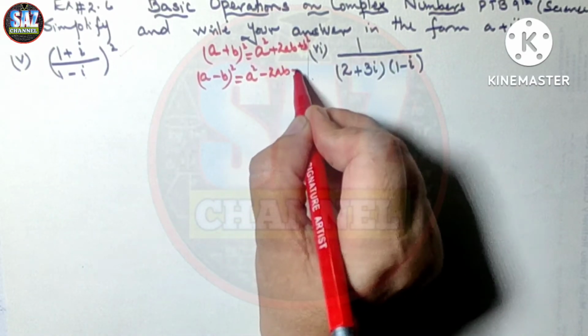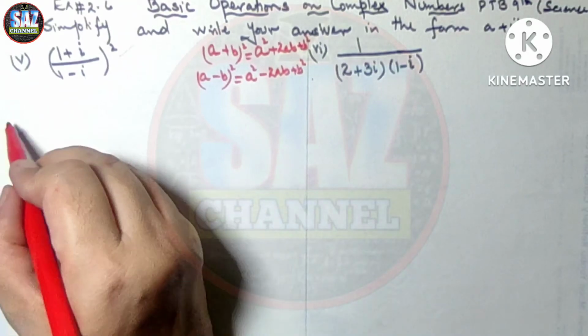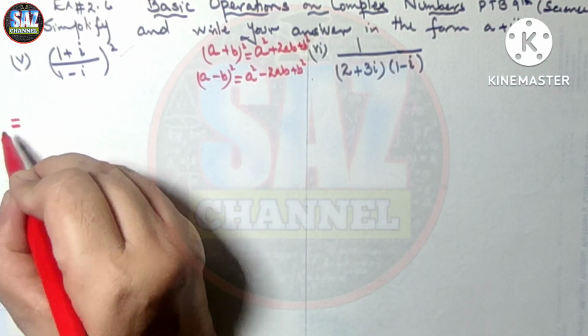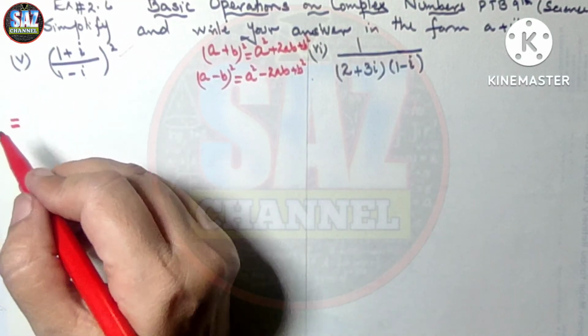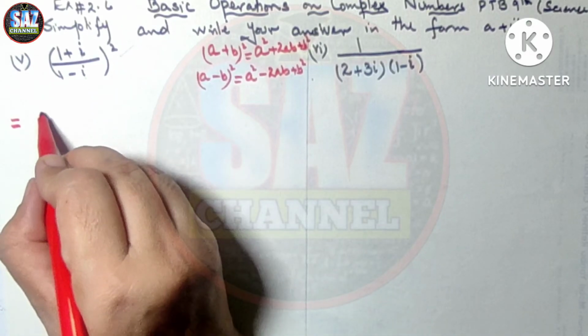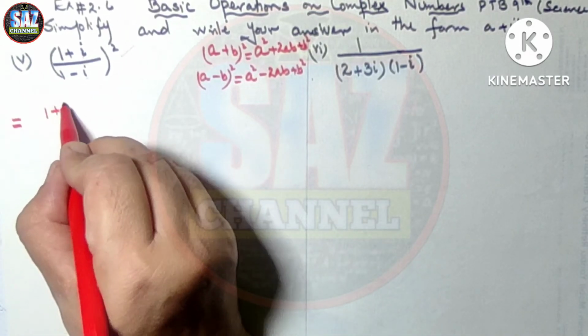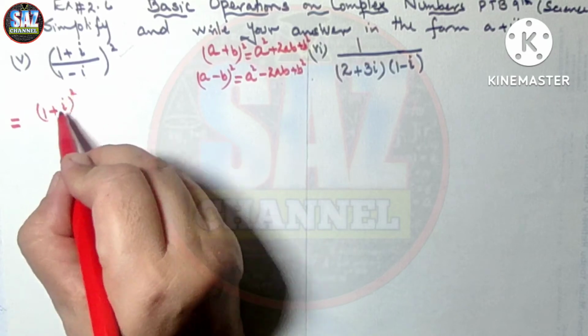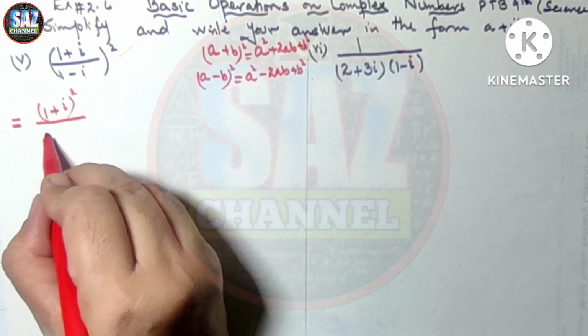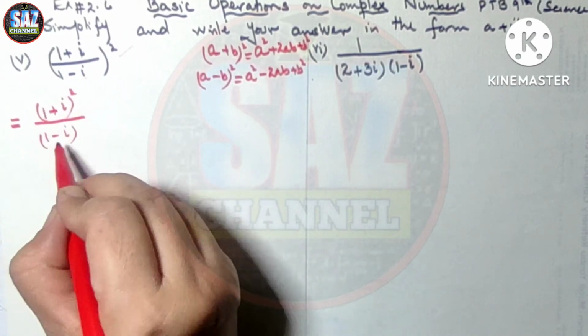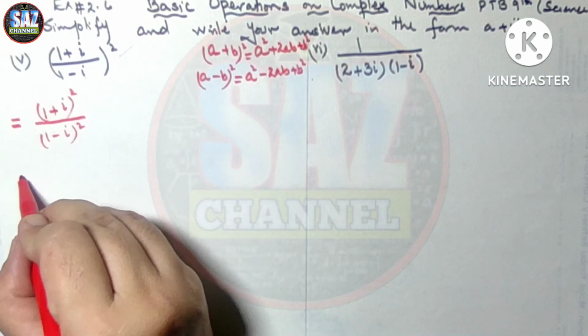In order to understand one question, you should have an idea of so many other techniques. So it will take the form (1 + iota) whole square upon (1 - iota) whole square, and now we apply the perfect square identity.